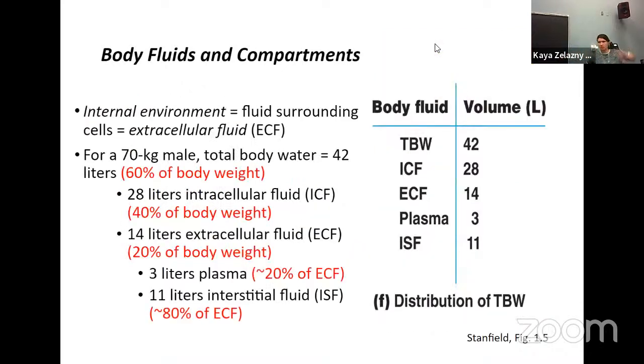So here we start to get to how much of this water is there, how much of this fluid, I should say, is there. So total body water, so all the water in an average body, has about 42 liters. So that's our typical volume. Whenever you're looking at an anatomy or physiology textbook, when they give you amounts in liters rather than percentages, they're basing that on a 70 kilogram male person.